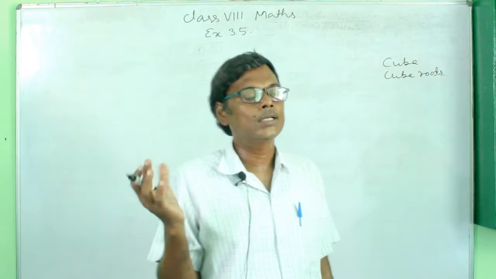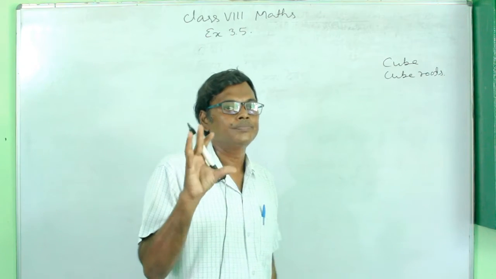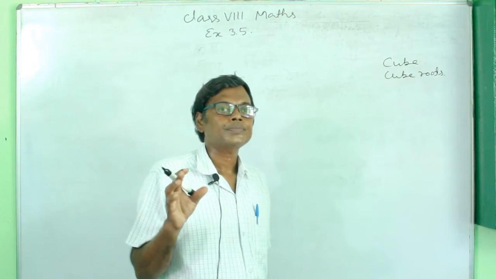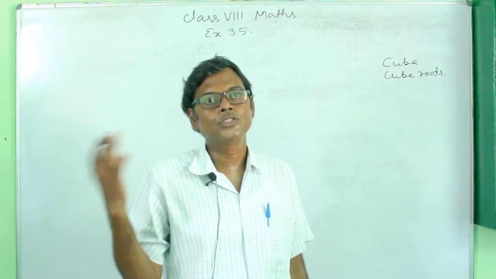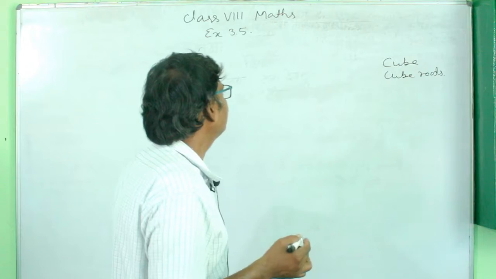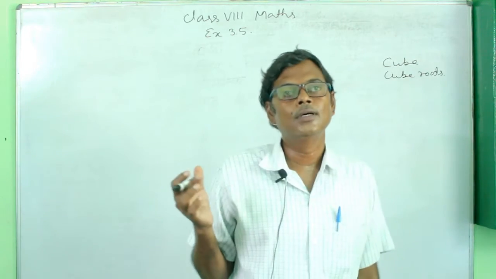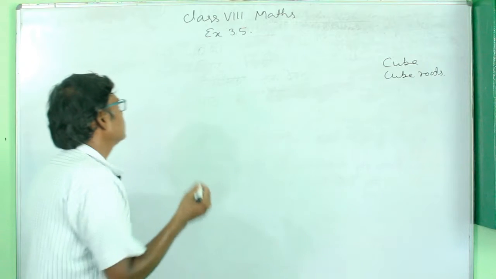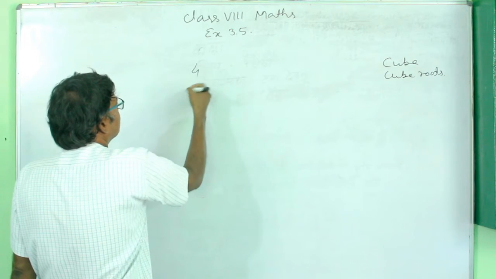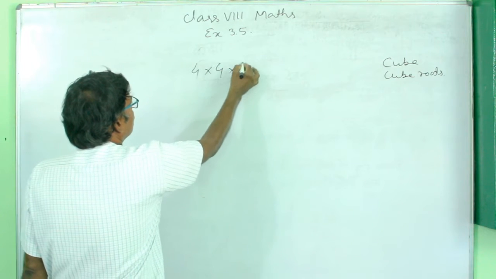You know that there is a Rubik's cube. When you play the game, there is a structure which has all the sides equal, and that is called a cube. So here also, cube means that if you take any number and multiply the same number 3 times, like for example 4, then the cube of 4 will be 4 into 4 into 4.